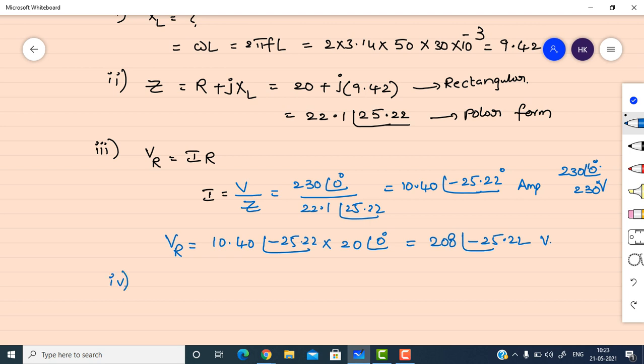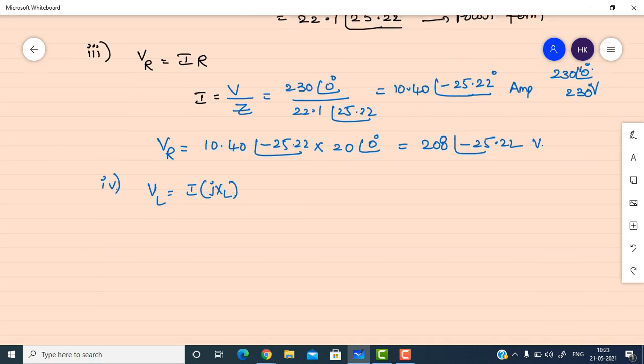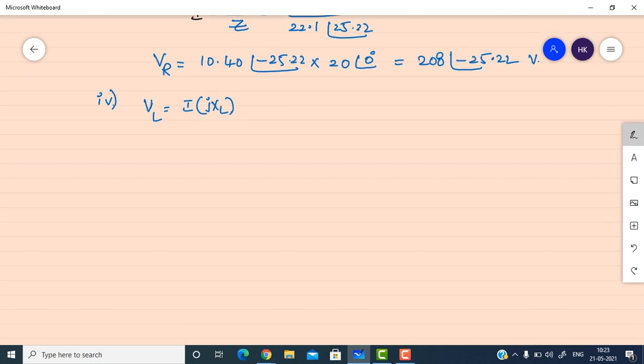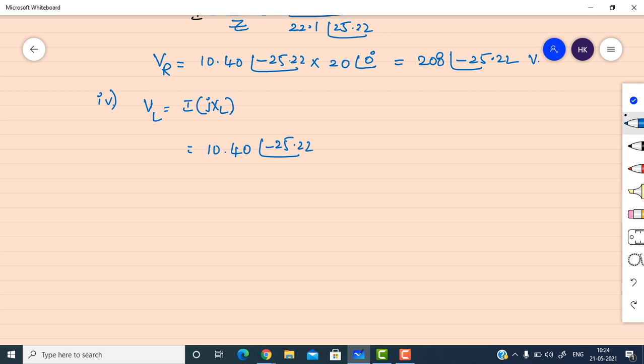Next, we have to find the voltage drop across the inductor. What's the formula? I into JXL. The I value is 10.40 at an angle minus 25.22. This is I. And what about J?